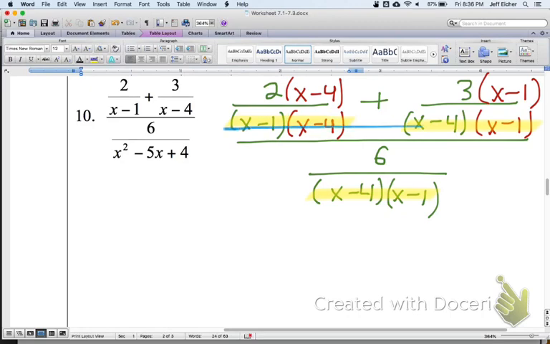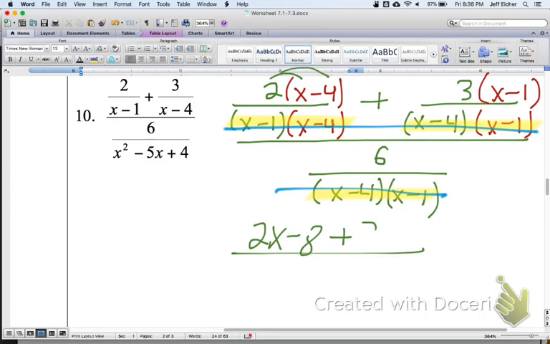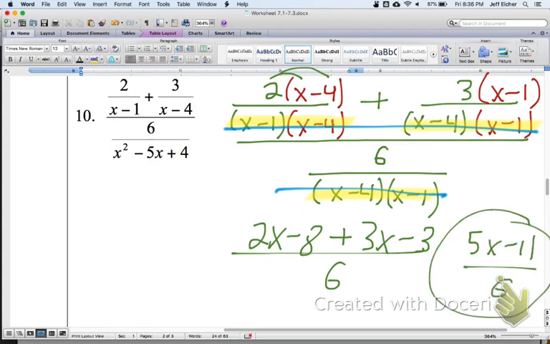They're all going to divide out and cancel, and we'll be left with 2x minus 8, distributing the 2, plus 3x minus 3 all over 6. Adding like terms, we'd get 5x minus 11 over 6. That wasn't so bad now, was it?